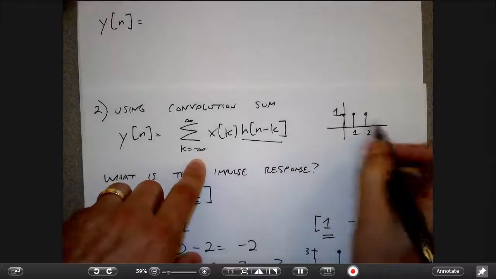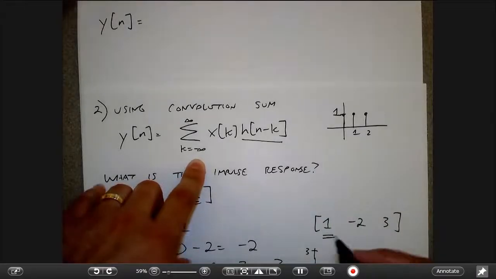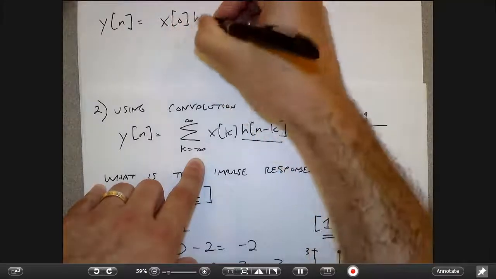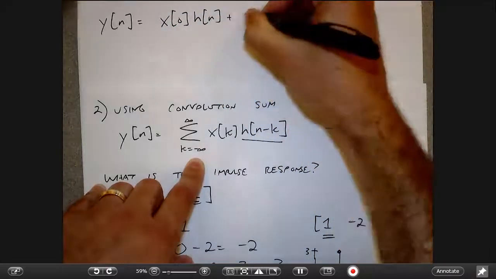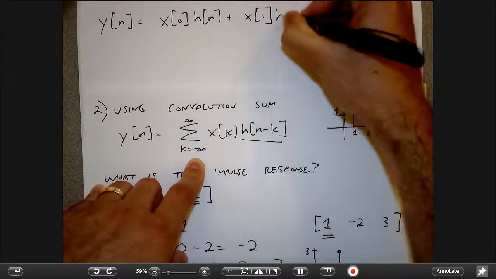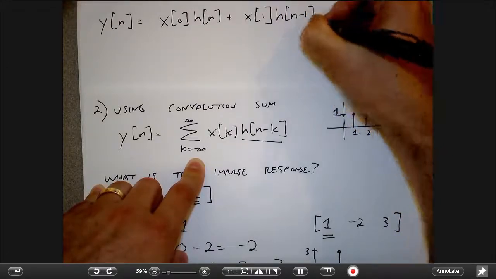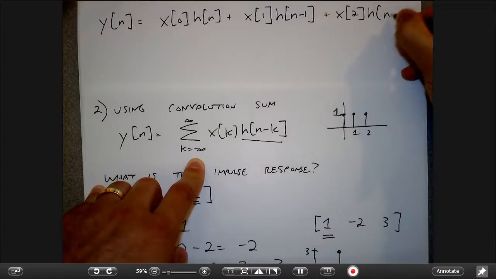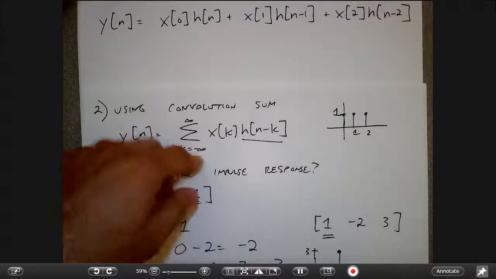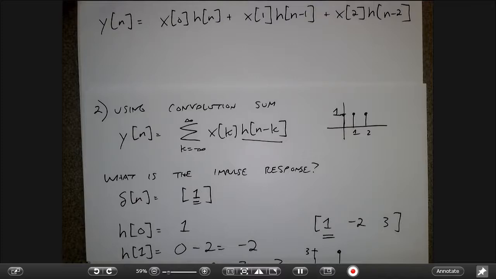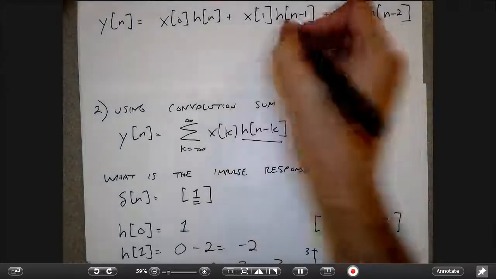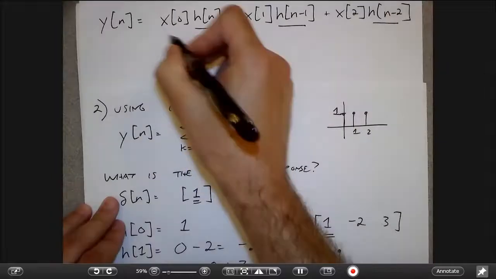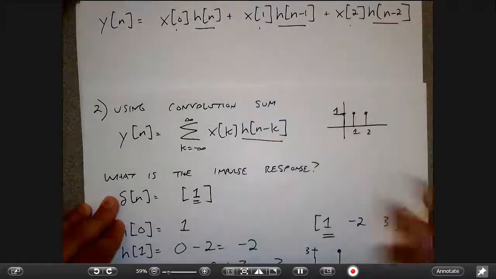Knowing that only these 3 values are not equal to 0, y of n is x of 0 times h of n plus x of 1 times h of n minus 1 plus x of 2 times h of n minus 2. Right? That's like saying I'm weighting these delayed versions of the impulse response by the coefficients of the input signal, right?